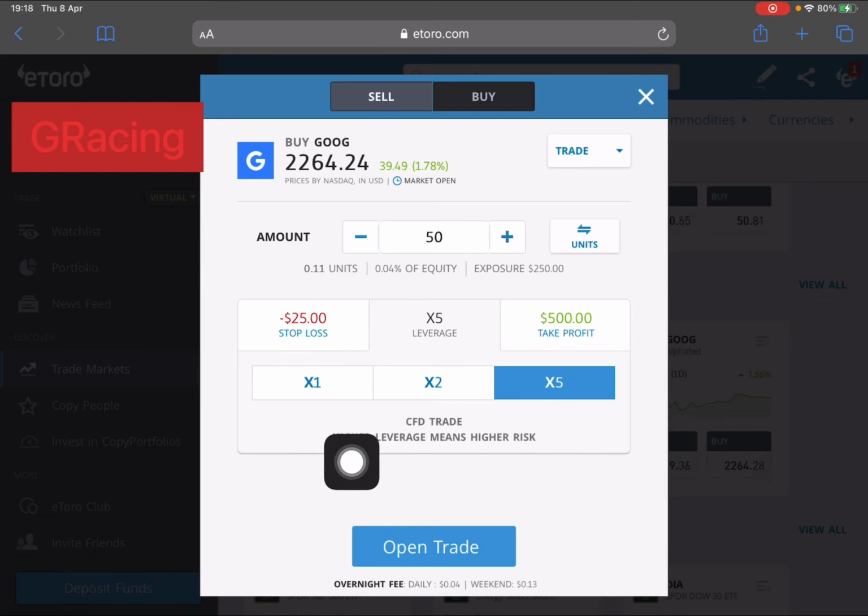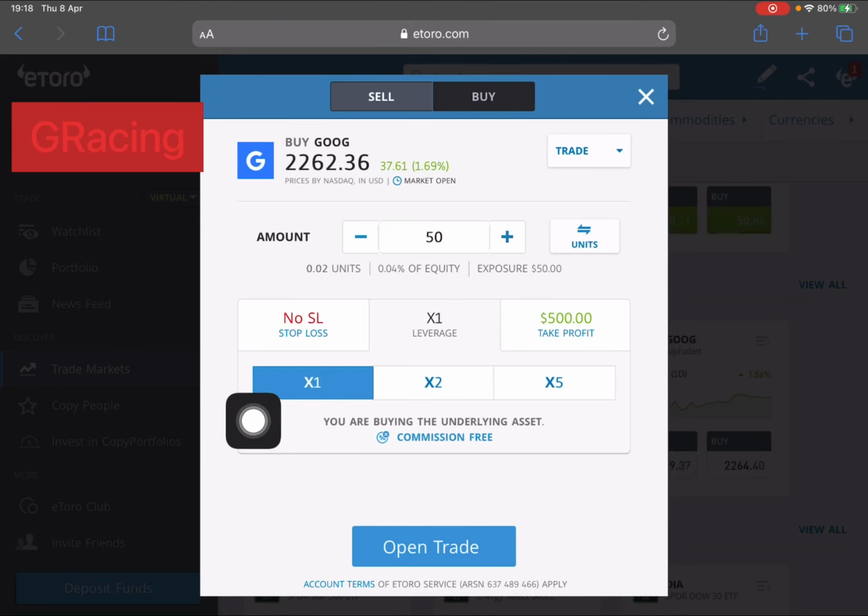Okay? Let's go now and focus here on stop loss and take profit. If you choose X1, there's no stop loss, but there is take profit. So say for example, your 50 US dollar, you want to take profit at 500 US dollar.